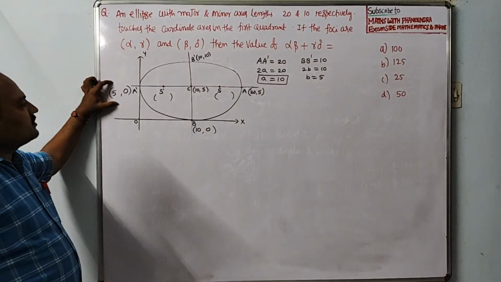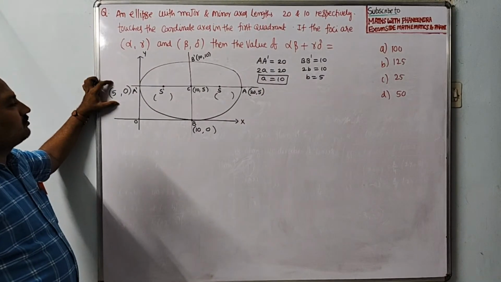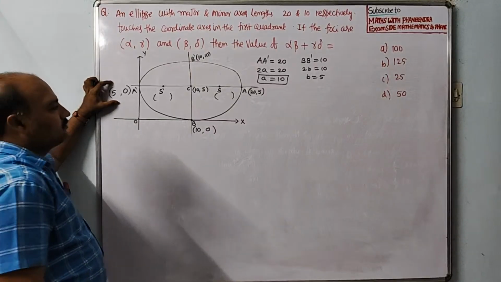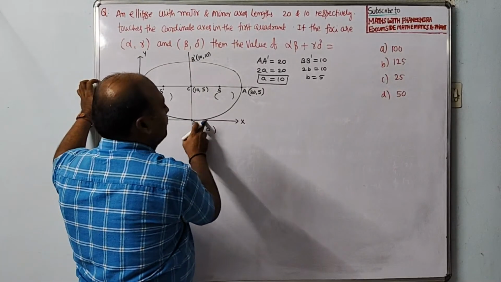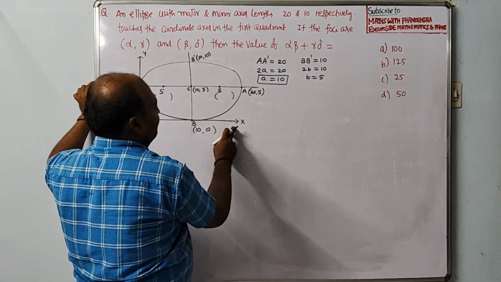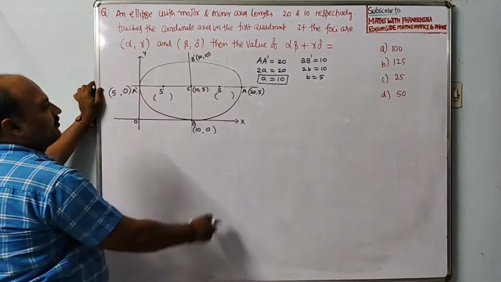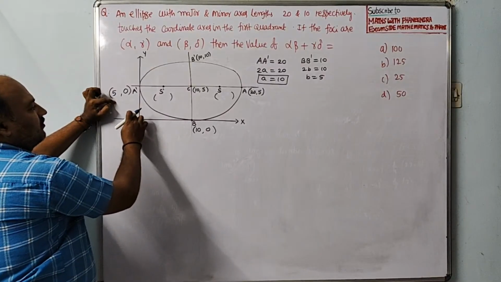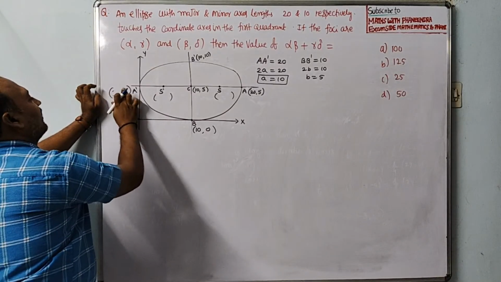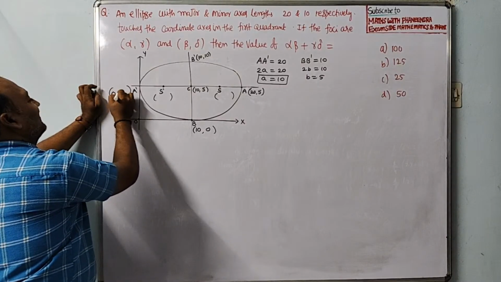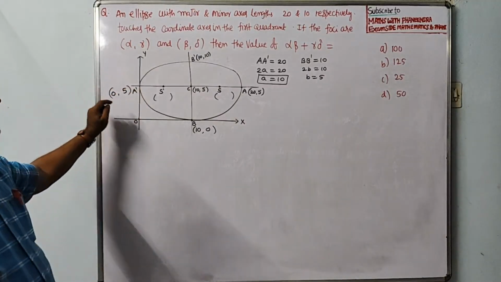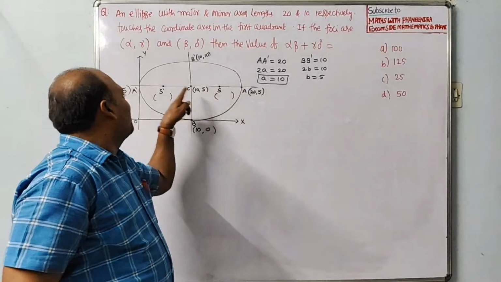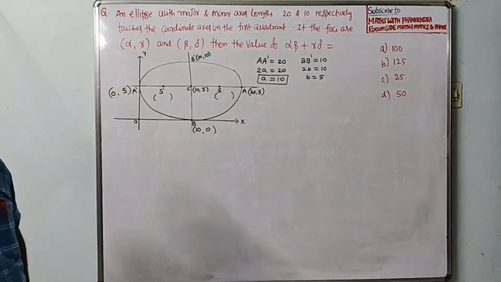This is (0, 5), very sorry. 5 plus 5 by 2 is 5, 20 plus 10.